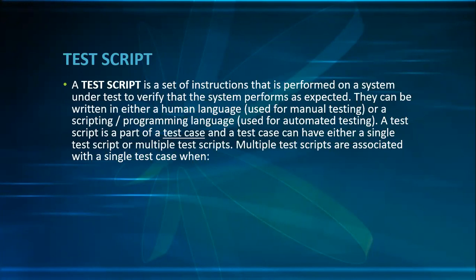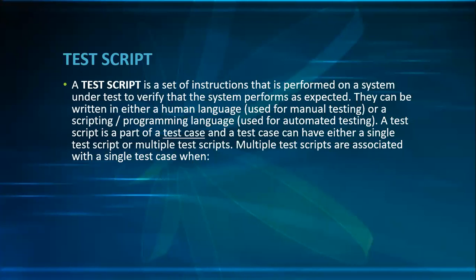A test script is a part of a test case, and a test case can have either a single test script or multiple test scripts, linking each test script to each other. That's predominantly what a script is.